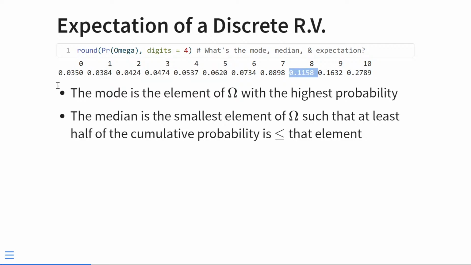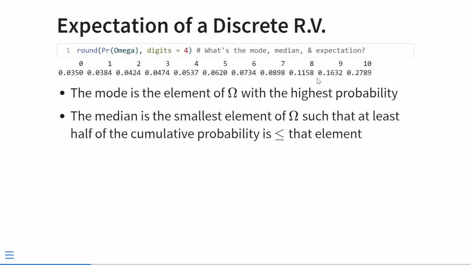The probability of less than or equal to 8 is slightly greater than 0.5, and the probability that it is greater than 8 is about 0.44. So 8 is the median, the smallest element of omega such that at least half is less than or equal, and at most half is greater. All right. So clearly the median and the mode are different concepts, and in this case they're different numbers. 10 was the mode, 8 is the median.